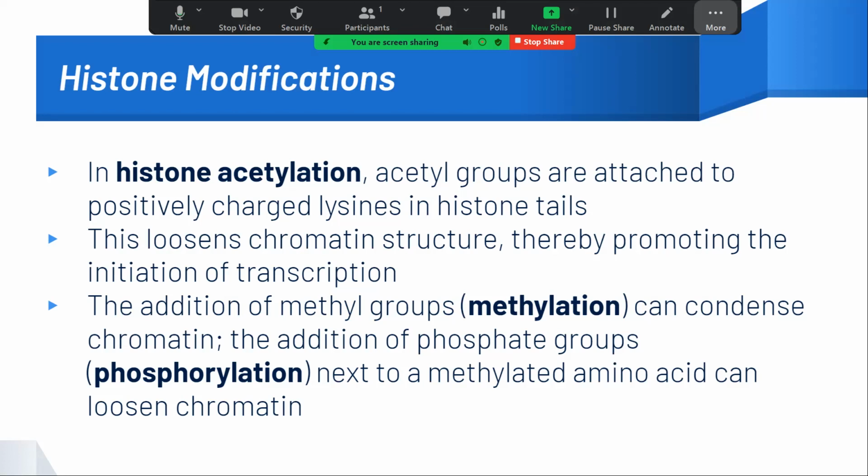And if we add a phosphate group to the histone, then that is going to cause it to loosen, and then it's going to be easier to do transcription. So methylation causes it to wind tightly, and phosphorylation causes it to be loosely bound.